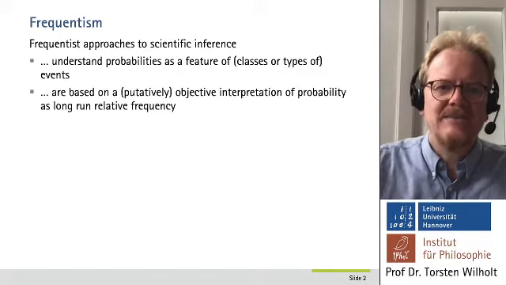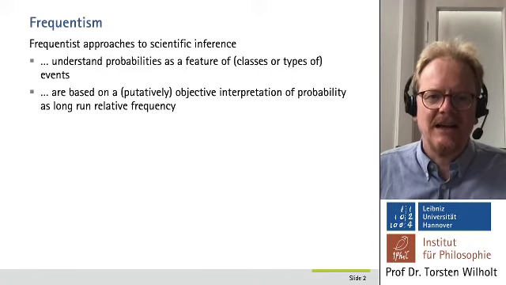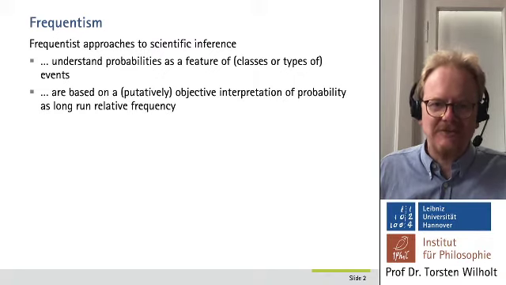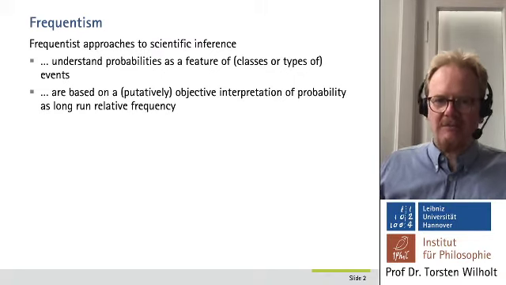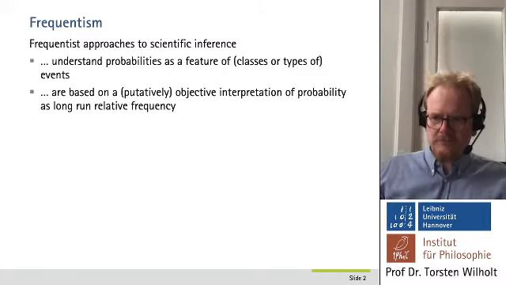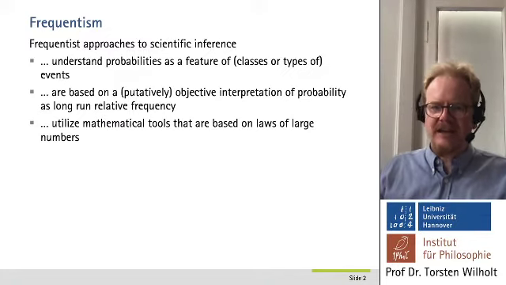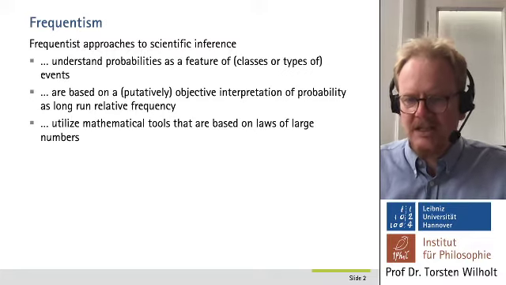They are based on an objective interpretation of probability, interpreting probability as long-run relative frequency, and we talked a little bit about what that means in lecture 5. And they utilize mathematical tools that are based on laws of large numbers.